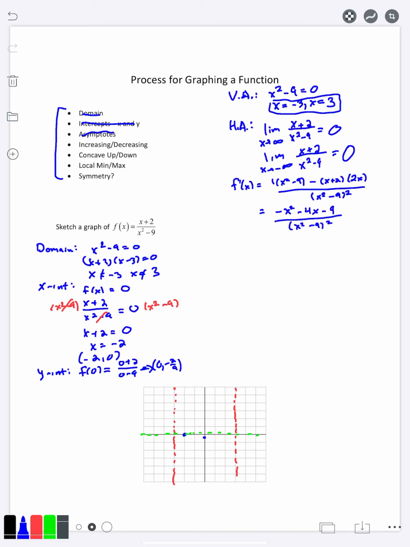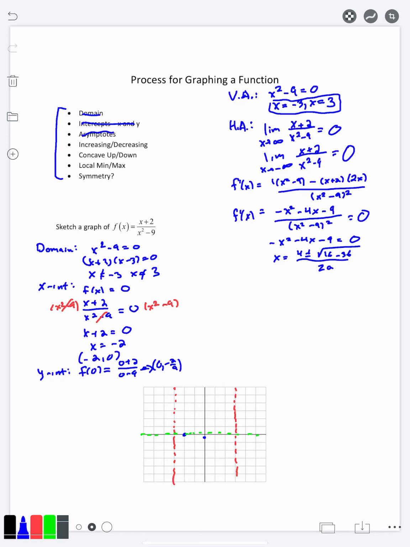And we're going to want to know where this thing is 0 to find our critical points. Well, as we said a little while ago, the denominator is not going to affect when it equals 0, so we just use our numerator here. And we can use our quadratic formula, negative b plus or minus the square root of b squared minus 4ac all over 2a.